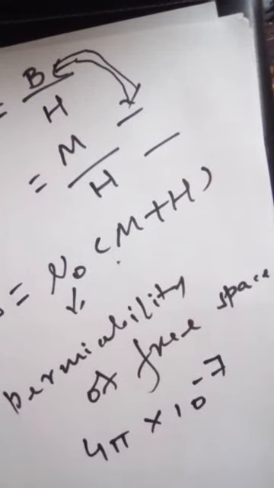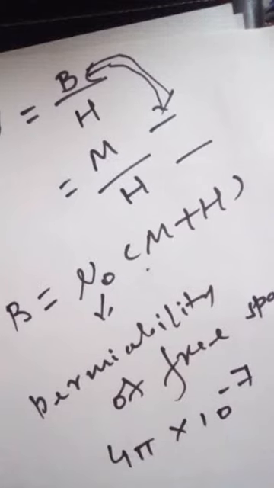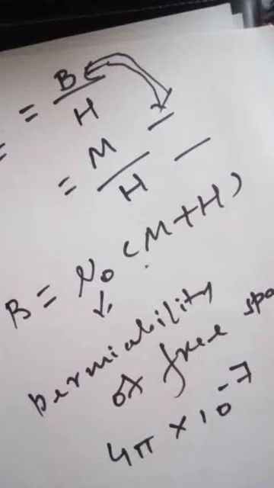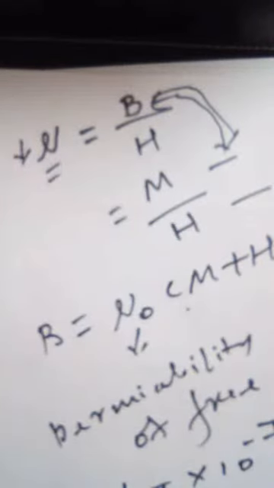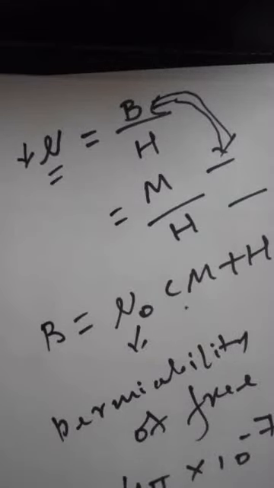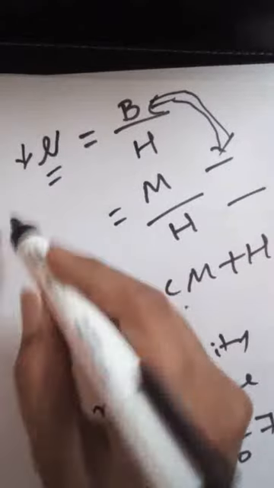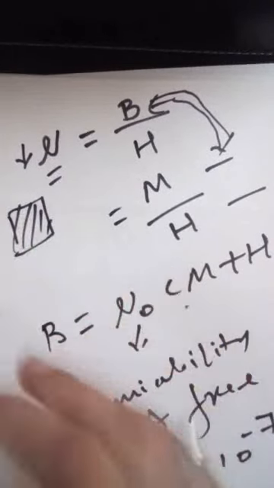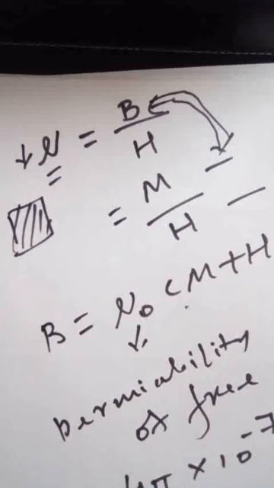This is a constant. But if we see the physical significance of magnetic permeability, we can say that if we have two materials, one having a lower value of magnetic permeability, this material will not allow more magnetic field lines to pass.